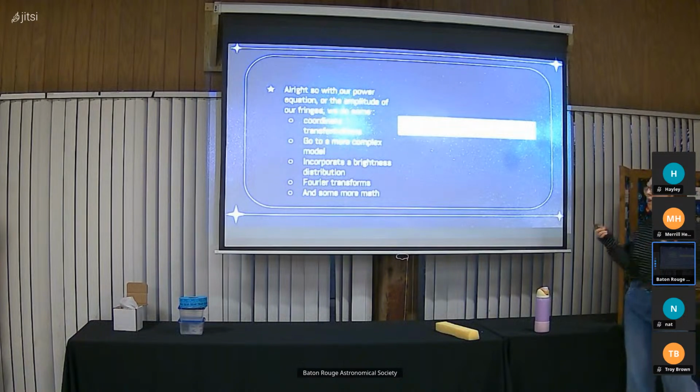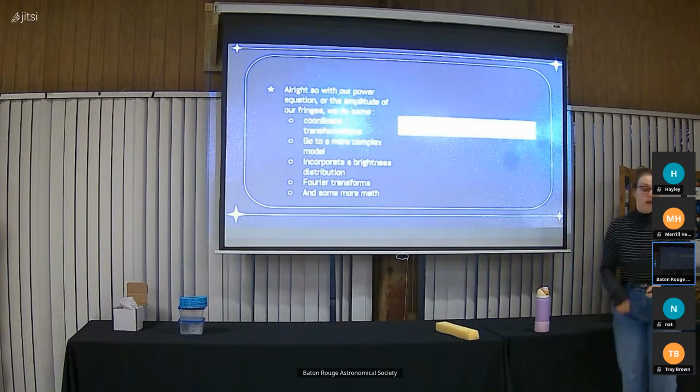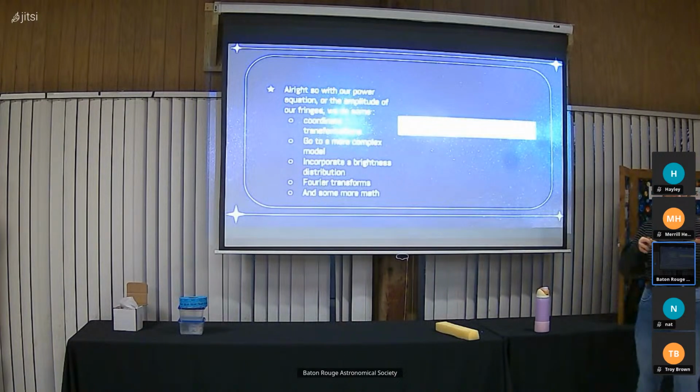So essentially, what you want to do here is figure out how you want to describe the object that you're looking at. If you're looking at a star, you can choose pretty much two options here. You can do a uniform disk, meaning you have just a disk which is completely the same brightness all the way across. You could say it's a point source.